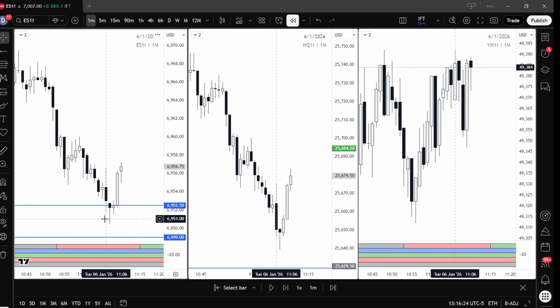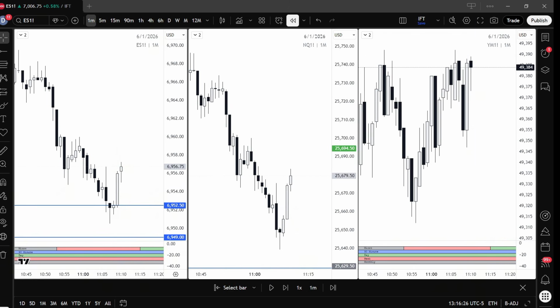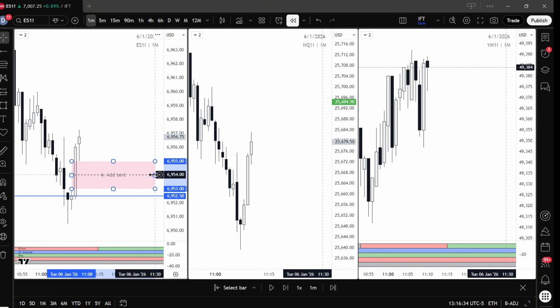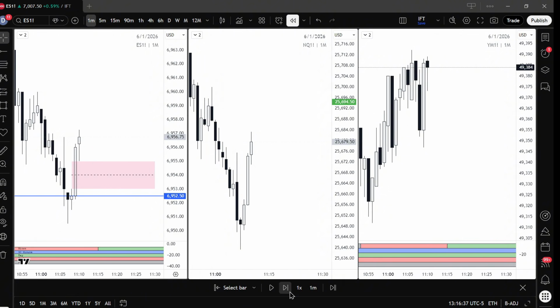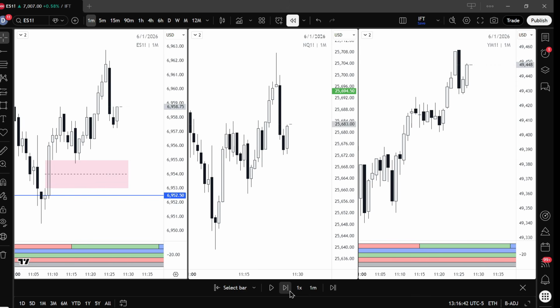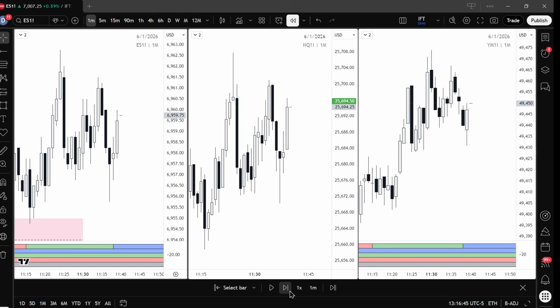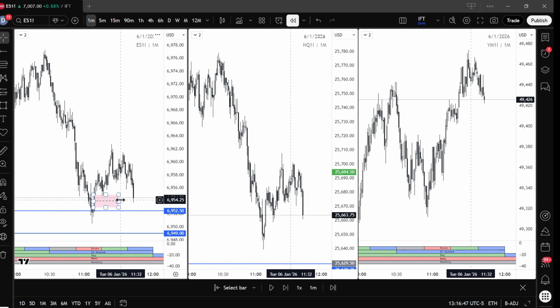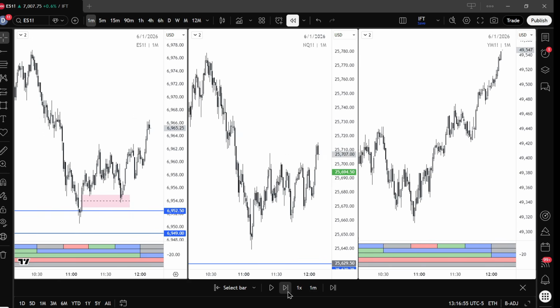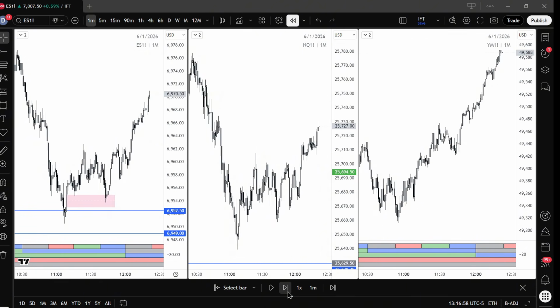Price gives a reaction off of it, forms its own fair value gap right there. And off to the races price goes.